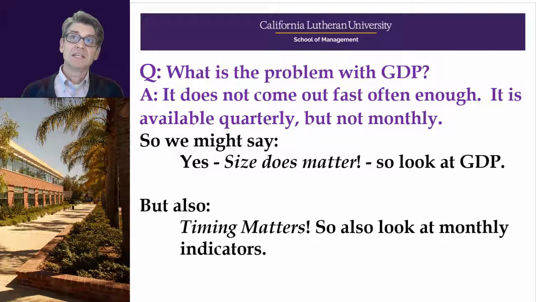And so because of that, it's natural for a person to want to also look at GDP, at least monthly. But it is not available. So size matters. GDP is an important statistic, an important indicator because it's broad. But timing matters too. And we have to wait 3 months before we see new information about a quarter that occurred recently.